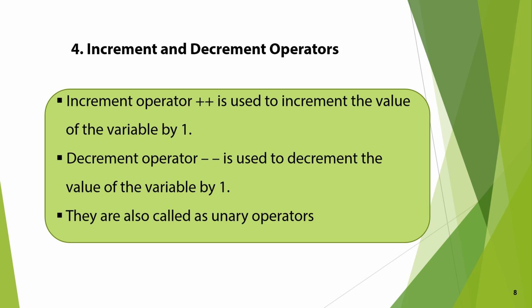So increment operator plus plus is used to increment the value of operand or variable by 1, and decrement operator, that is minus minus, is used to decrement the value of the variable or operand by 1.